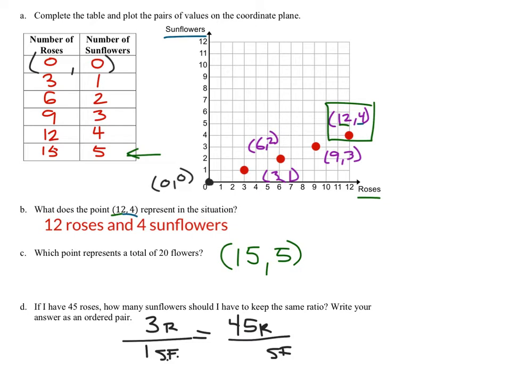Well, we know we can multiply the 3 by 15. So multiply that by 15 equals 45. The 1 times 15 then would give us 15 sunflowers. But it asks us to write this as an ordered pair. So the x is the number of roses, which was 45. And the y is the sunflowers, which we found to be 15. 45, 15.